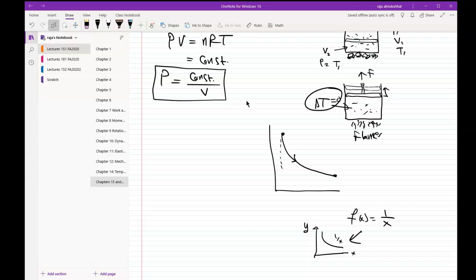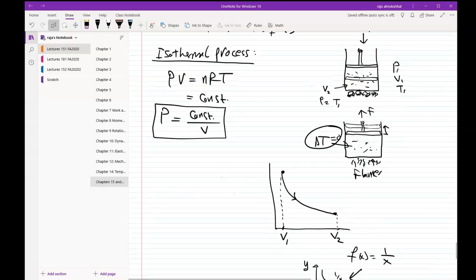So here, I'm starting at a certain volume, V1, and I have increased the volume to V2. I have increased, so that means I'm talking about this one, in this case. I have increased the volume, and as a result, what's going to happen? Well, I'm starting with some pressure, P1, and now the pressure went down to P2.